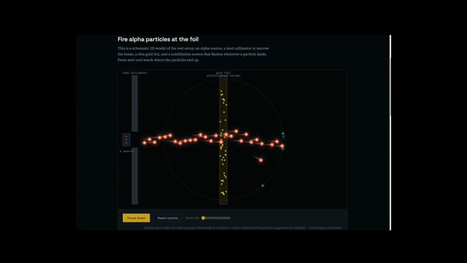So again, it proved that 99.999% of the mass of the atom is in the nucleus. The nucleus is tiny. The electrons are tiny and even tinier and far away.